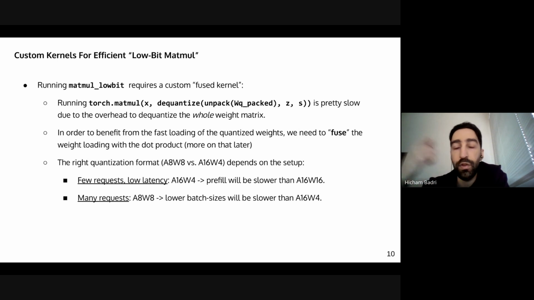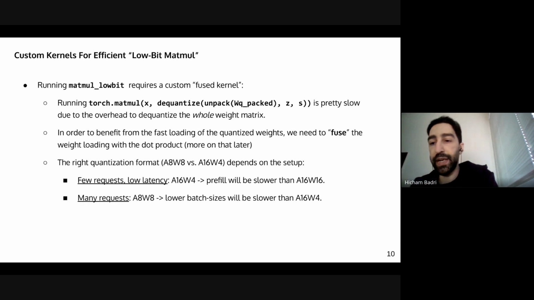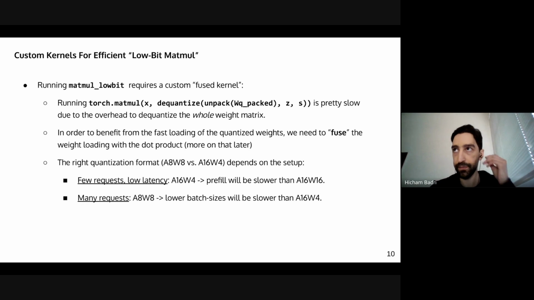So what do we need to do to make this operation faster? We need to fuse these operations, like the weight loading and the dot product. And the way we do it is basically we launch this block calculation. We take our matrix and split it into small blocks and we launch these blocks in parallel.